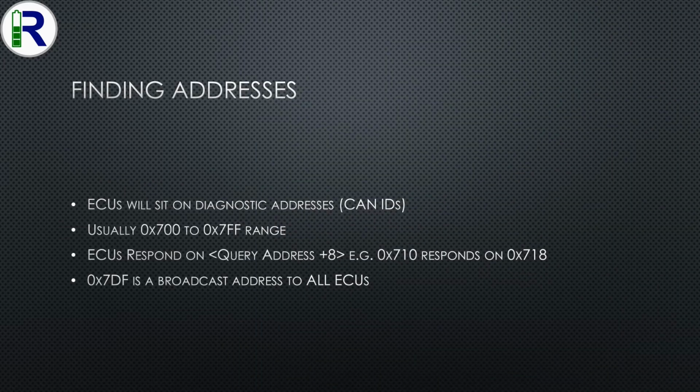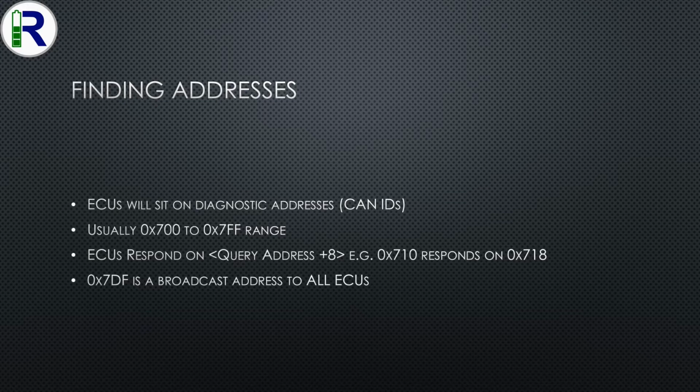So the first step in reverse engineering is to find the addresses of the ECUs. ECUs are going to sit on diagnostic addresses, so they're going to have a CAN ID for diagnostics, and it's usually in the range of 700 to 7FF.